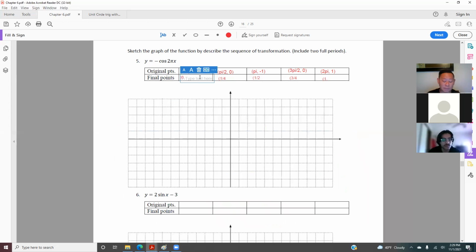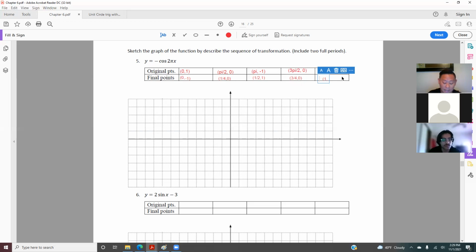So 1 times -1 is -1. 0 times -1, you will still get 0. Okay, don't forget we are multiplying this with -1. -1 times -1, you will get a +1. So you get 1 here. 0 times -1 is 0.